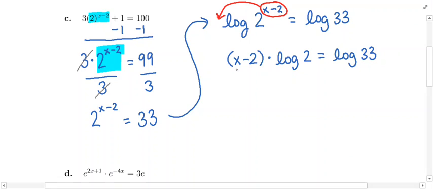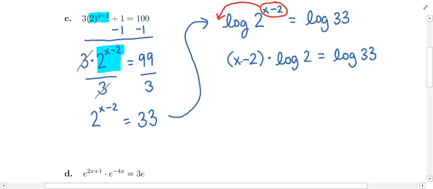Okay. So we need to isolate the x to solve for x. But you're subtracting 2 from it. You're multiplying by this quantity log of 2. Log of 2 is just a number. Treat it like a number. What are you going to do next to get x by itself?